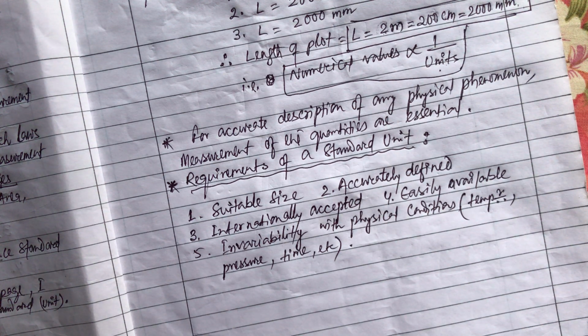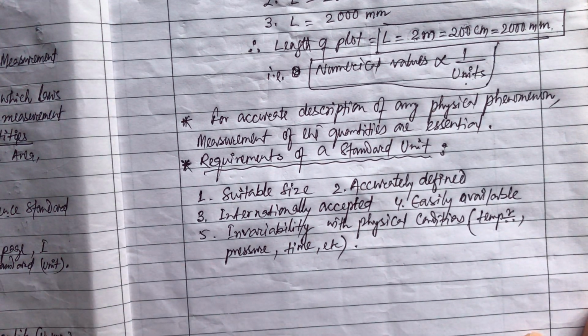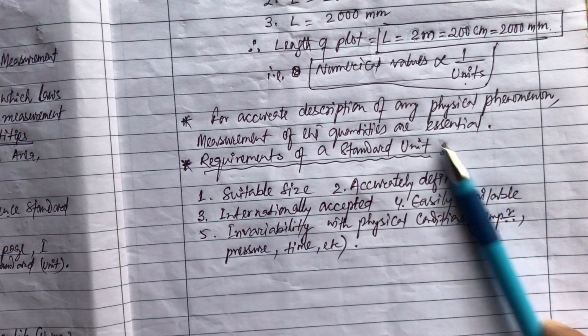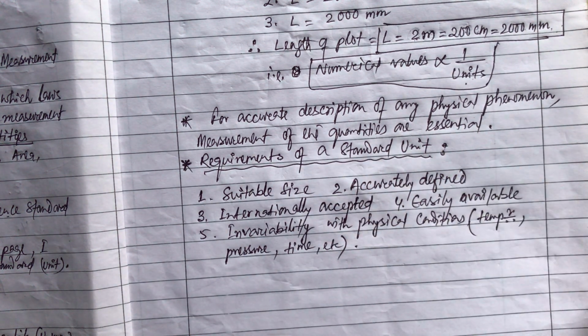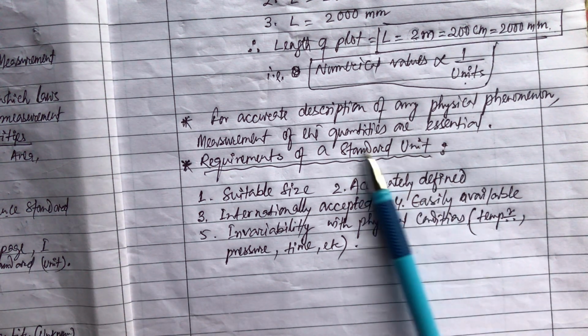After this, we are slowly moving into the depth of this chapter. The basic things are over. Once we have said all these requirements of a standard unit, the obvious next question is, who is responsible for checking all this?